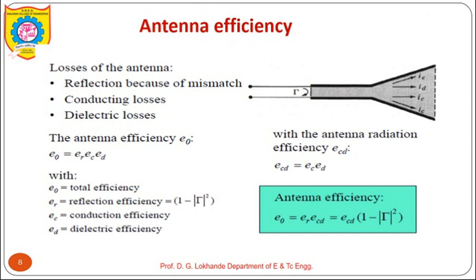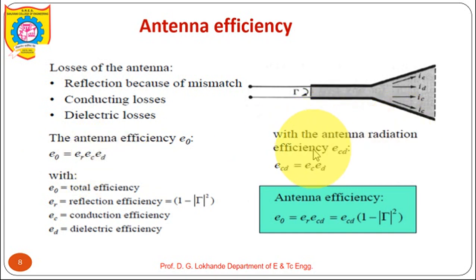We are applying a signal over here, and this is the antenna, where a practical antenna has some losses. There is reflection because of the mismatch in the impedances, conduction losses and dielectric losses that we need to understand. That's why the antenna efficiency E0 is nothing but the reflection, conduction and dielectric losses of the antenna.